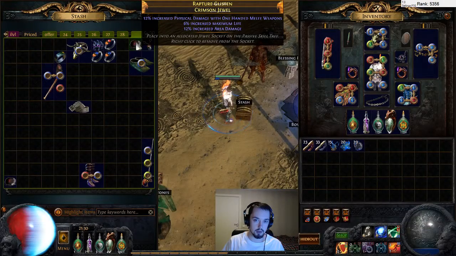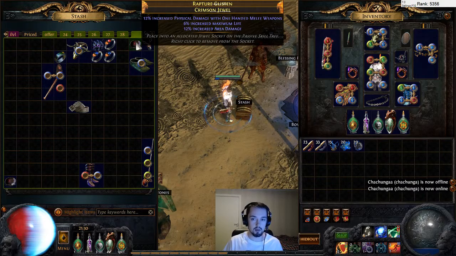Now let's have a look at this jewel here. It has increased physical damage with one-handed melee weapons, increased maximum life, and increased area damage.